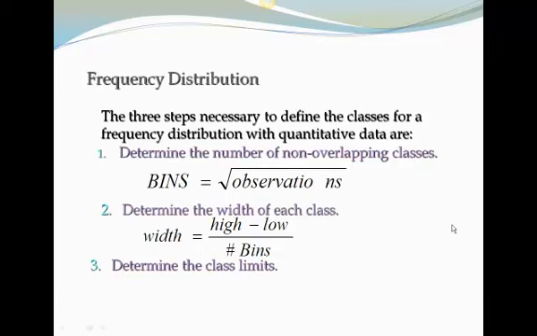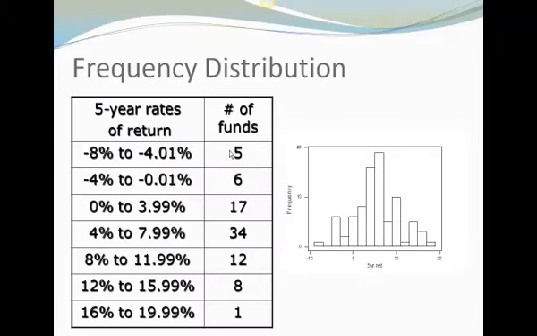So 3 steps are necessary to determine the classes of frequency distribution for quantitative data. The classes being the number of groupings and the size of those groupings. So if we review here, this one had 1, 2, 3, 4, 5, 6, 7 different classes of groupings.